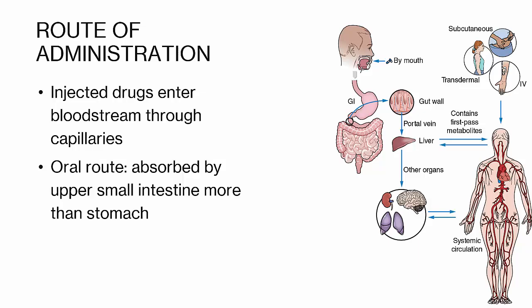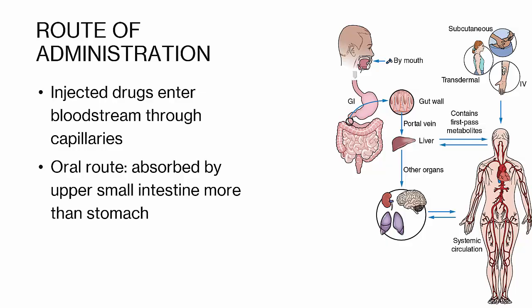After a drug is dissolved in body fluid, the molecules must pass through membrane barriers to be transferred to the target location. For most drug routes, the transporting fluid is the blood. Drugs that are injected through intramuscular and subcutaneous routes enter the bloodstream directly through capillaries and the lymphatic system.